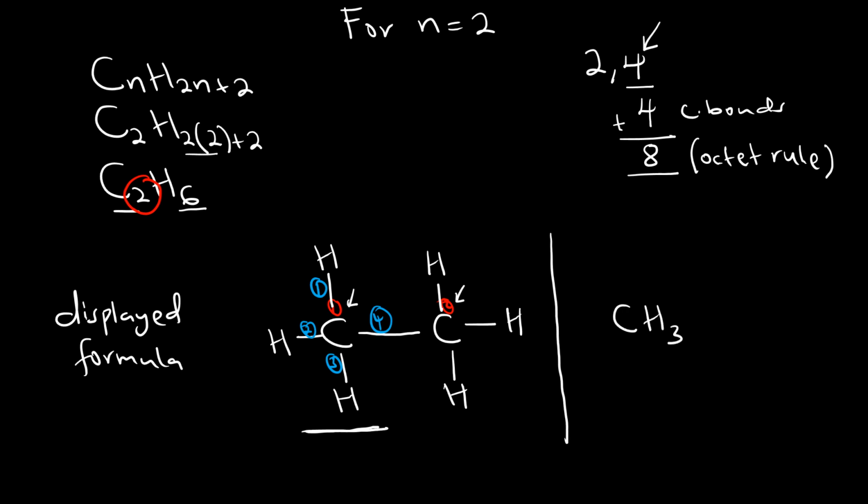And then you have the second carbon atom, and it's also attached to 3 other hydrogen atoms, CH3. So this is what we call the condensed structural formula, or just the structural formula, of the alkane whose n value is equal to 2.